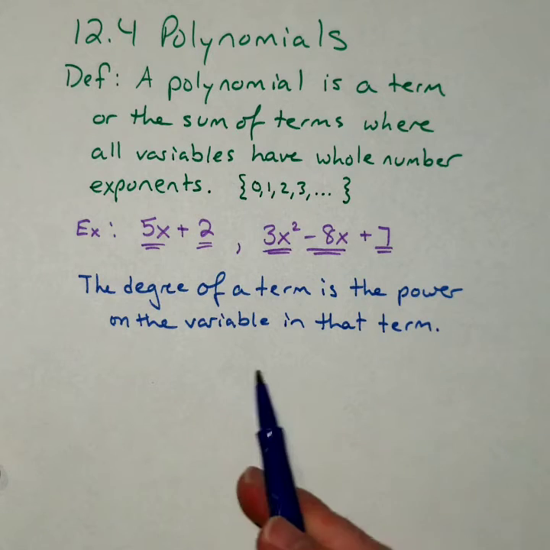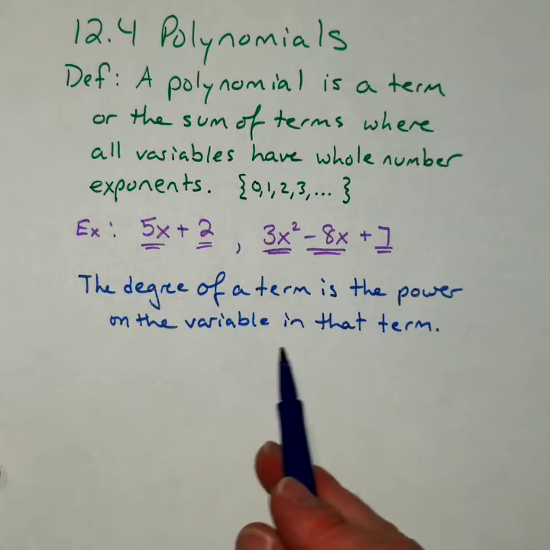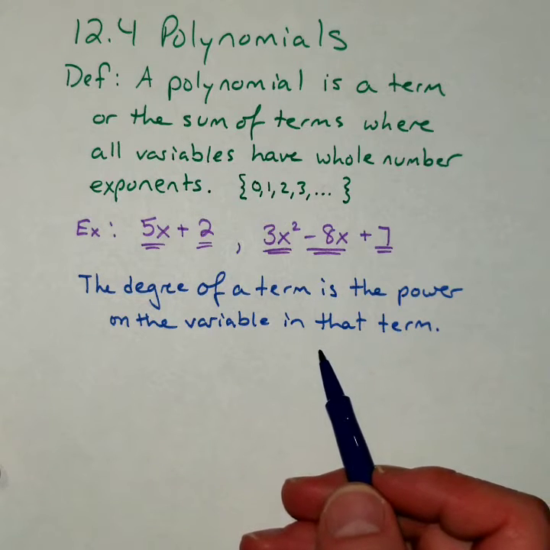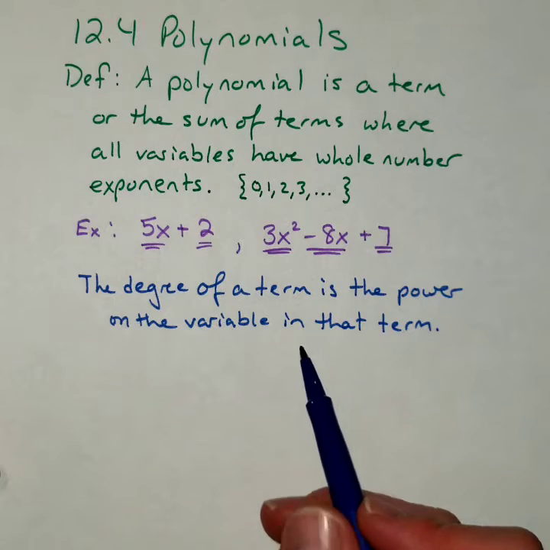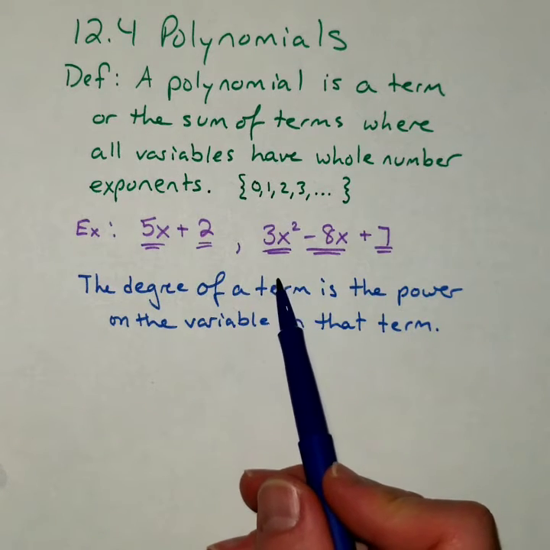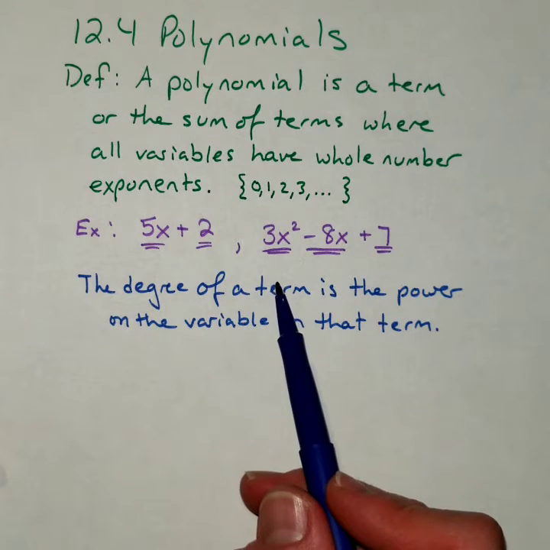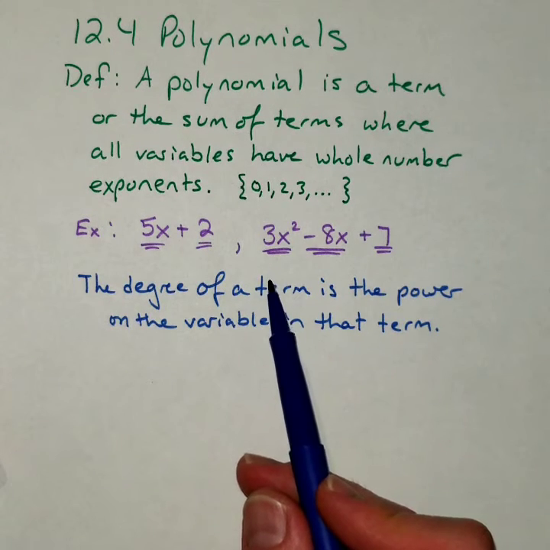Now there's a couple details to straighten out here. One detail is that in some cases you may have more than one variable on a term, like 3xy.